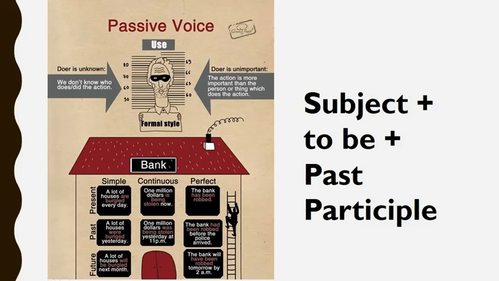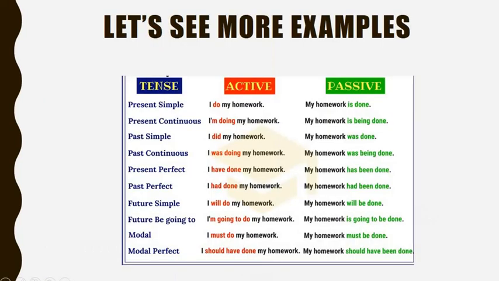Well, now let's learn more examples. So, present simple, my homework is done. Continuous, my homework is being done. Past simple, my homework was done. Past continuous, my homework was being done.